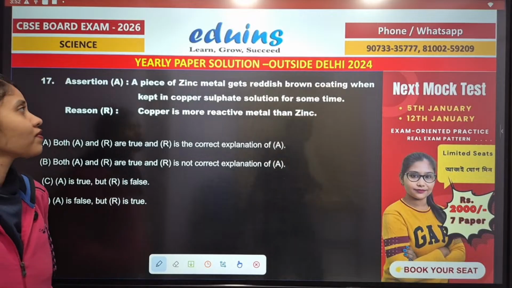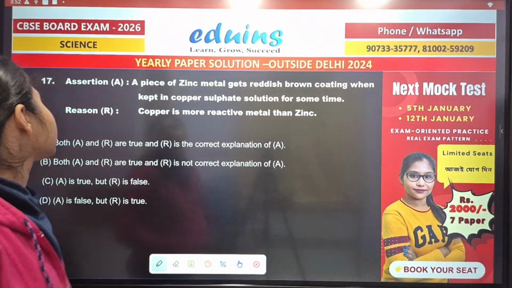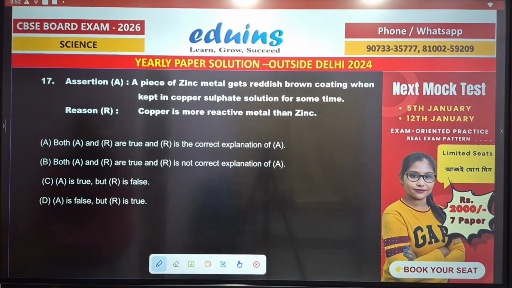Okay. So the question is, there is an assertion and a reason. In the assertion, a piece of zinc metal gets a reddish brown coating when kept in copper sulfate solution for some time. Reason, copper is more reactive metal than zinc. So what will be the options?